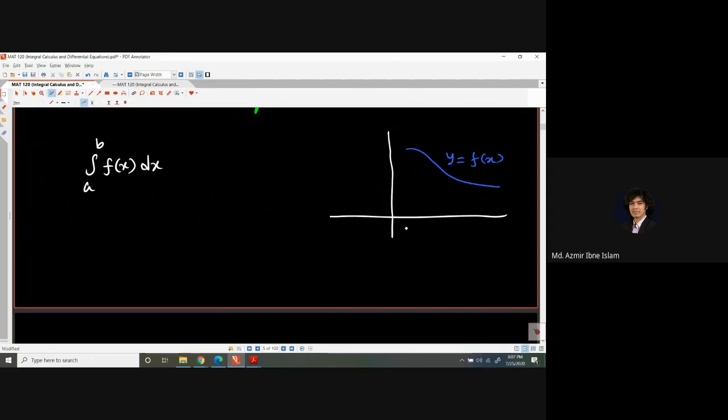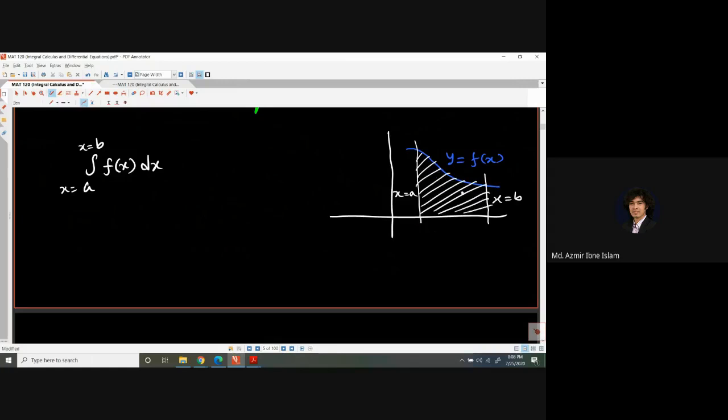So x equal to a is the lower bound and x equal to b is the upper bound. From this figure we can say that we are finding the area of the function y equal to f of x from x equal to a to x equal to b.